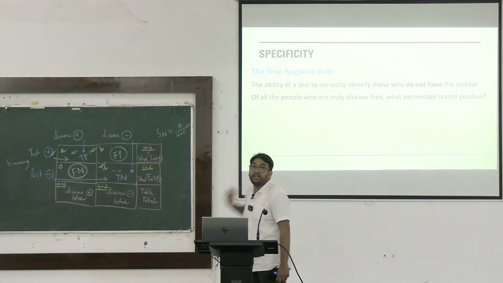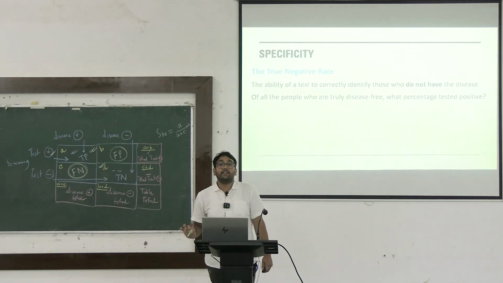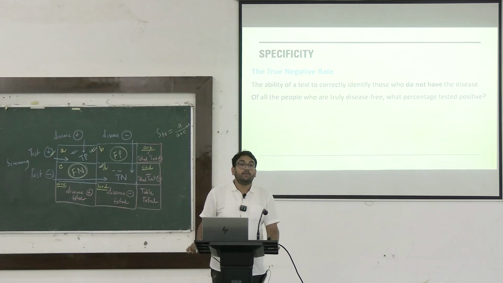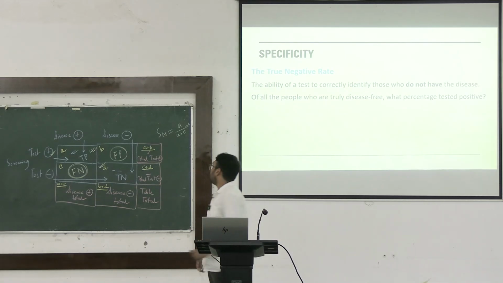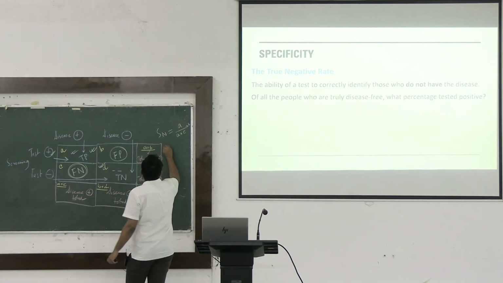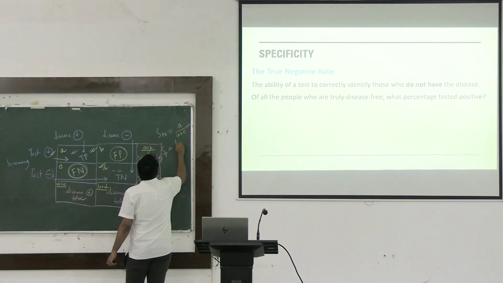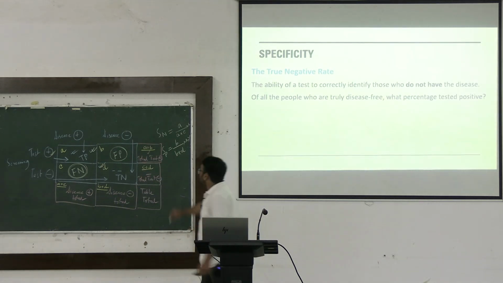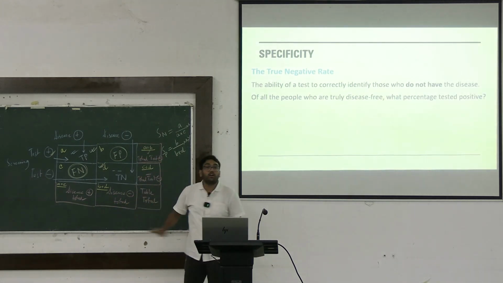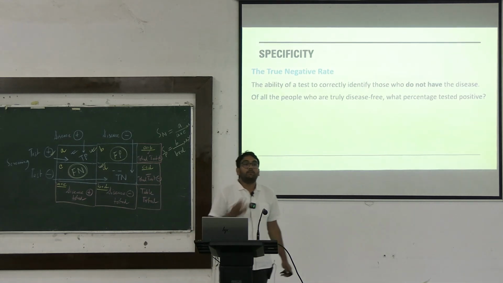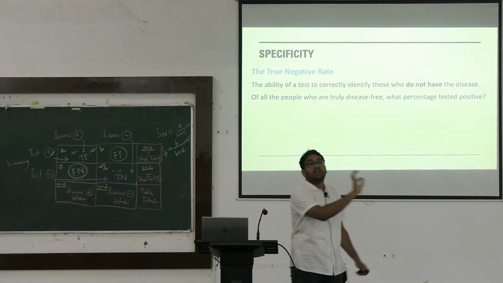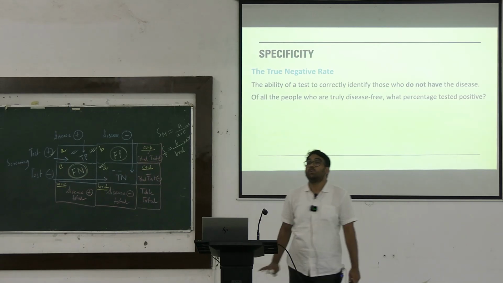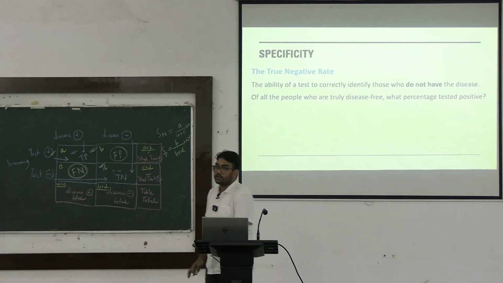The numerator will be D, true negatives, and the denominator will be B plus D. So specificity is given by B by B plus D into 100%, because B plus D is representing all of those who do not have the disease, and B is among them how many is the test able to label as not diseased, isn't it?